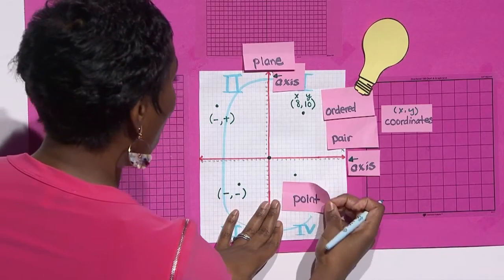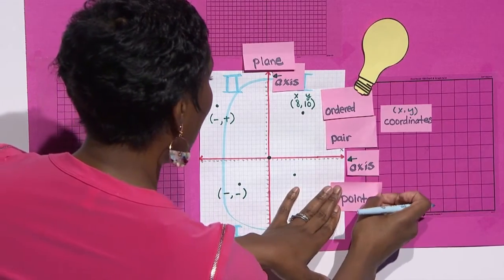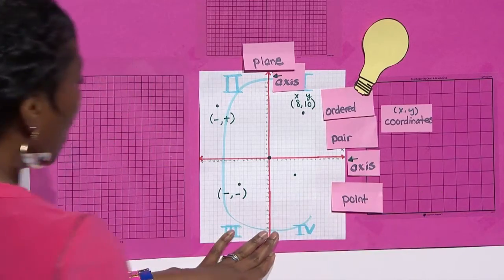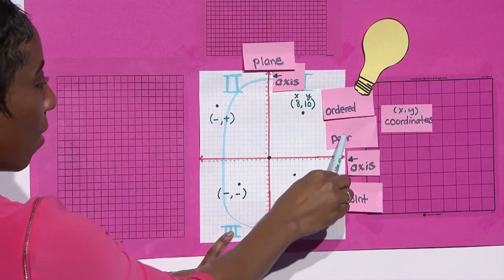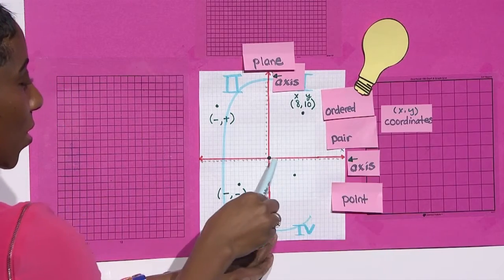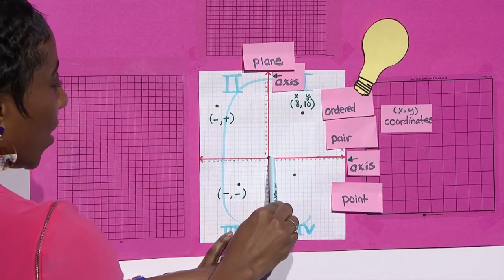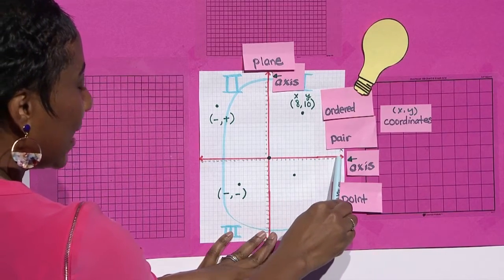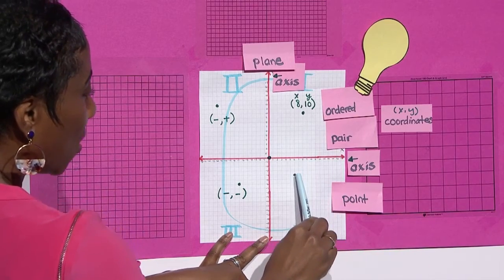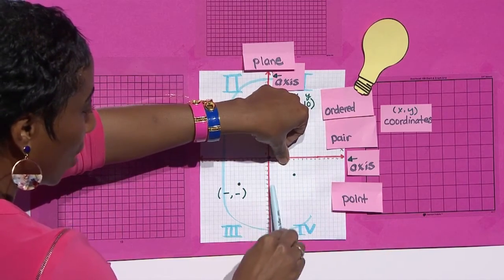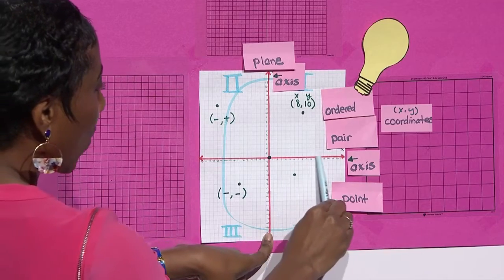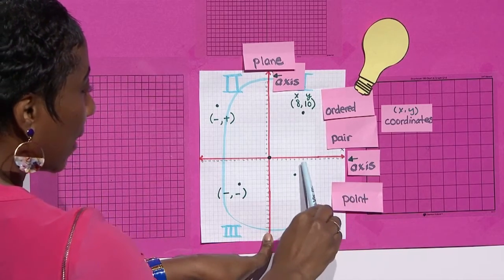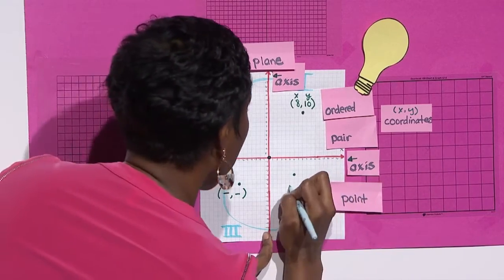And then our last quadrant, which is quadrant number 4. Again, to name an ordered pair or a coordinate, you have to start at the origin. I'm going to move in the direction of the x-axis and in the same direction as the point, which happens to be along this y-axis, and that is going to represent a positive x and a negative y.